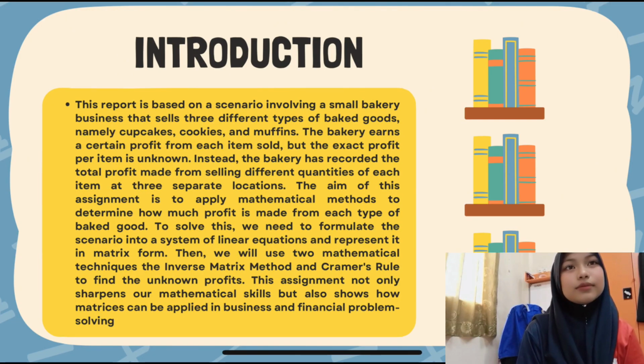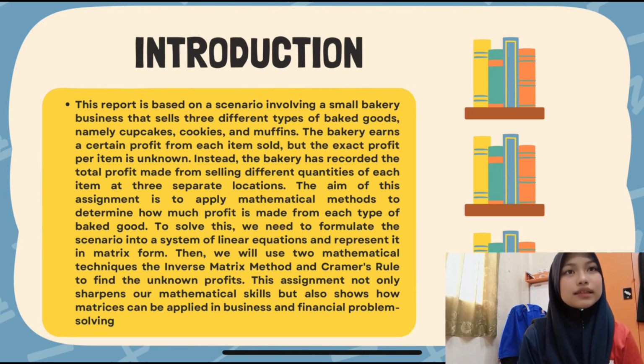This project is based on a scenario involving a small bakery business that sells 3 types of baked goods, namely cupcake, cookie, and muffin. The bakery earns a certain profit for each item sold, but the exact profit per item is unknown. Instead, the bakery records the total profit from selling different quantities of each item at 3 separate locations.